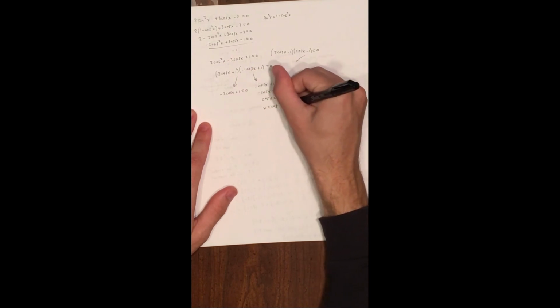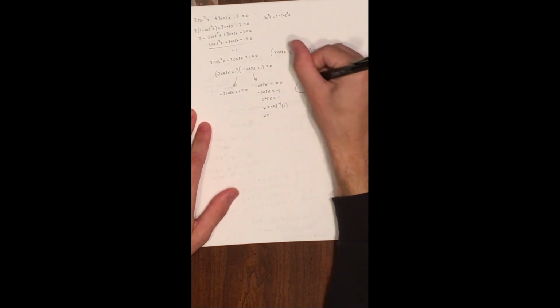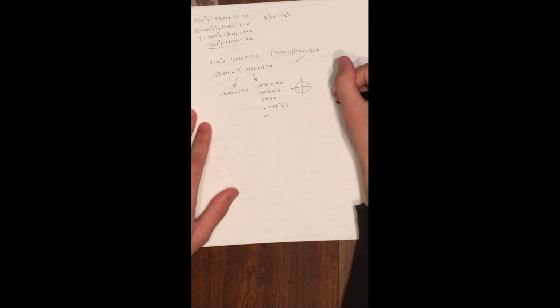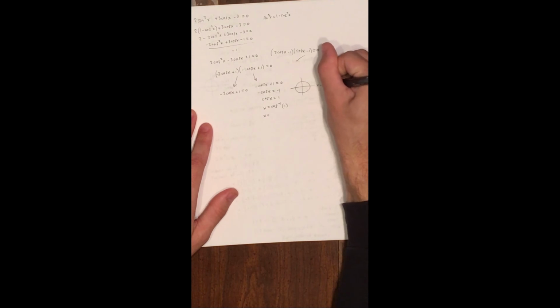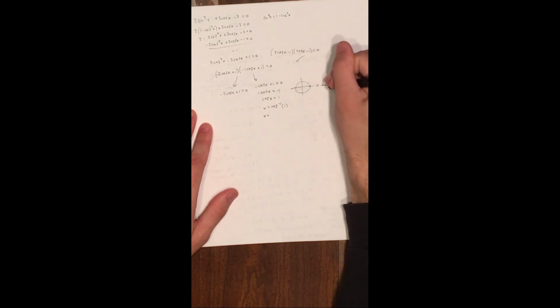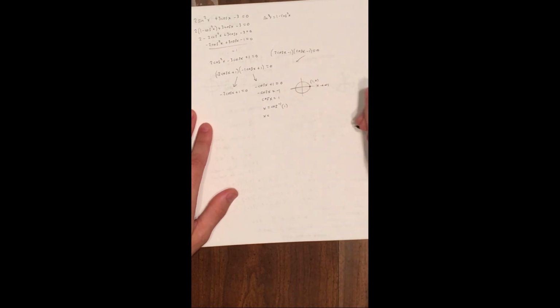So we want to find the angle that produces an x value of 1 for cosine. There's only one spot we can get an x value of 1, and that's at 0 degrees or 2 pi. I'm just going to say 0 degrees, but you could put 2 pi if you wanted.